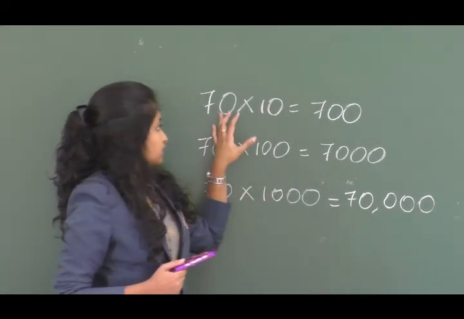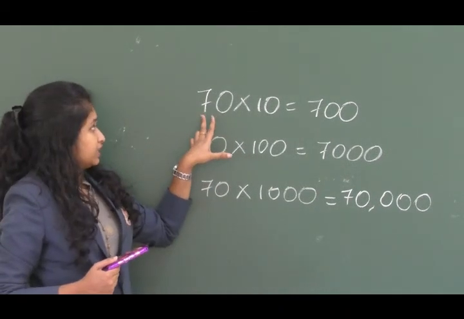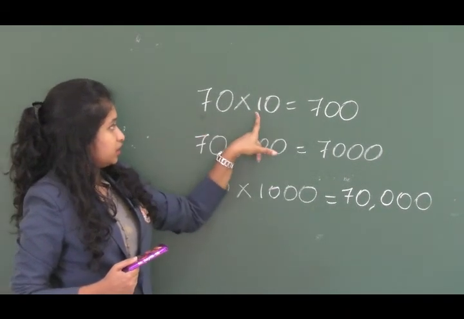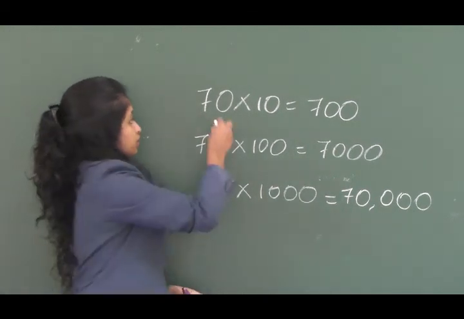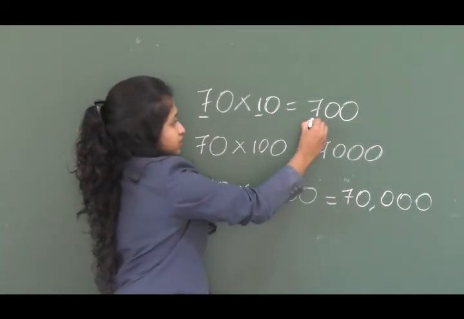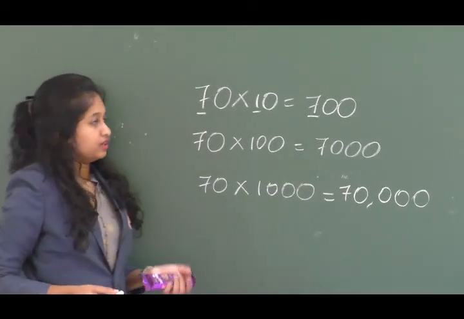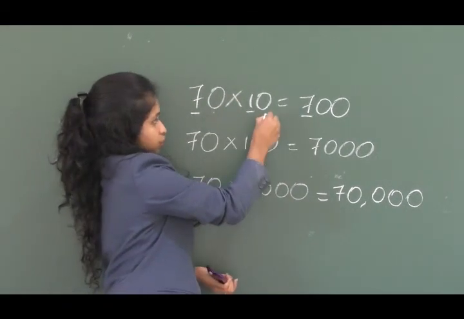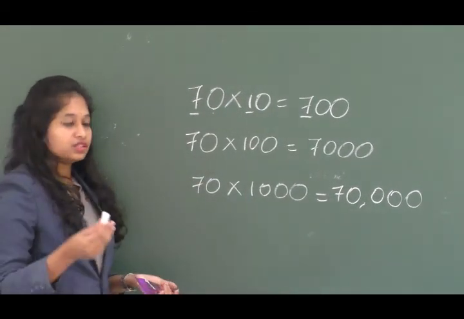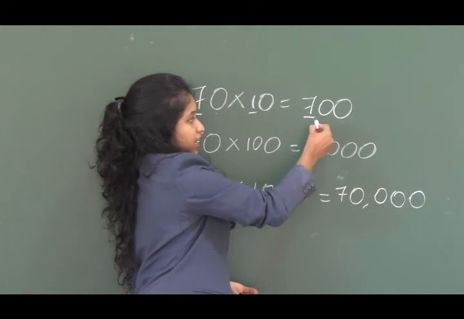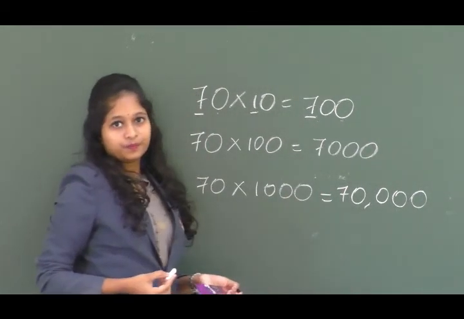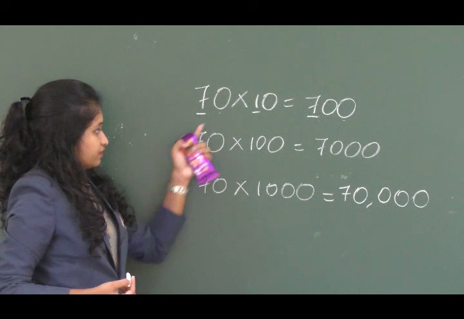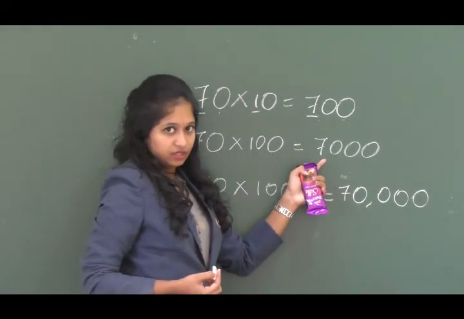This is nothing but we have to multiply 7 into 1. We get 7. How many zeros are there? 1, 2. So insert those 2 zeros after the number. Similarly, in this case, 7 into 1 is 7.